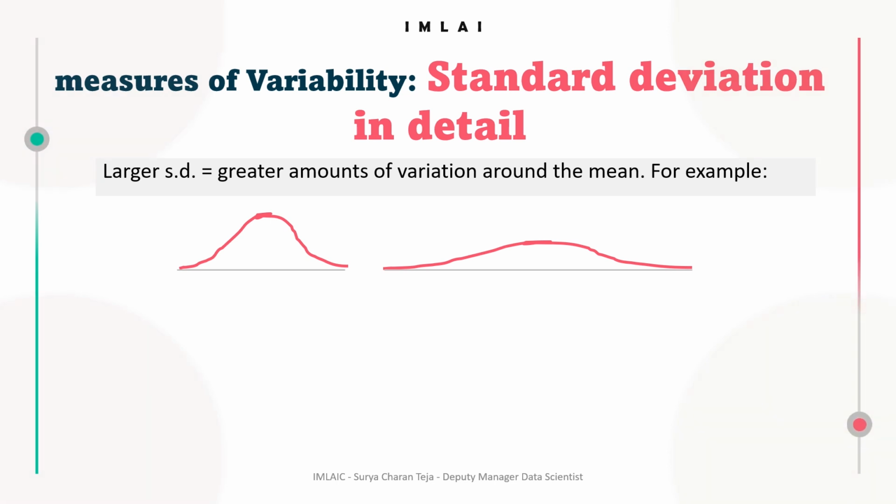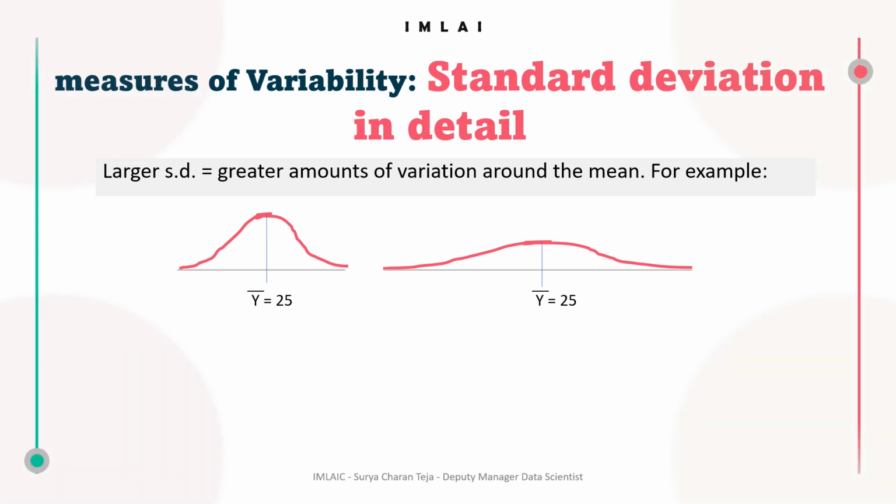The first is class A students and the second is class B students, and their respective computer science marks. The mean for both is 25. Y bar is 25 for the first curve, the class A distribution, and for the class B distribution it is also 25.